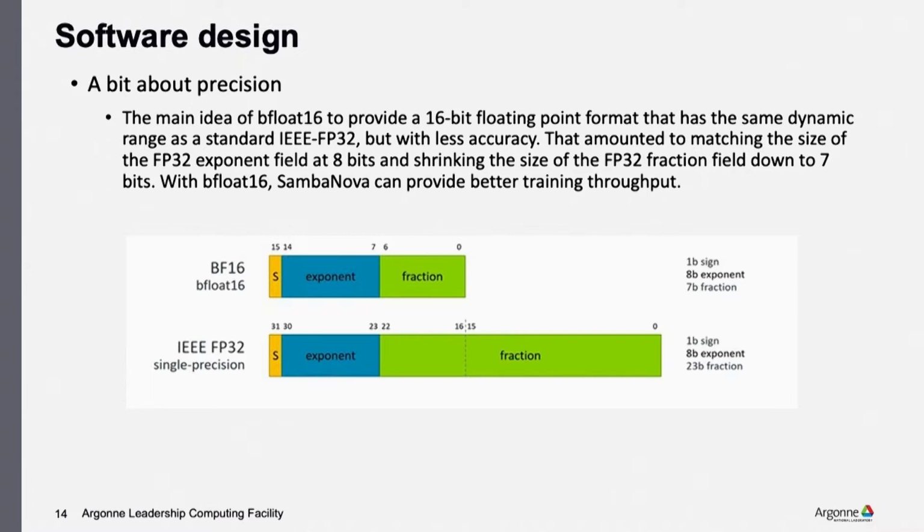It has a shorter fraction, which means it can lead to less accuracy in your model or computations. So when you want to use BF16, you need to take care of the accuracy of the model, but it will give you better training throughput.